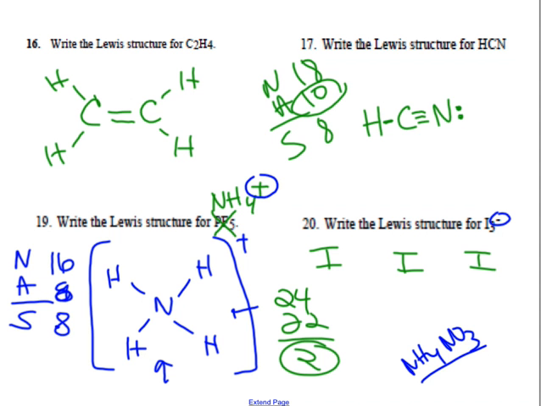So what is it? It's an exception. So I should take those 22 electrons now. I have to include that extra one and do what we learned earlier. So I'm going to bond everything singly. 2, 4, go to the outside. 6, 8, 10, 12, 14, 16, 18, 20, 22.